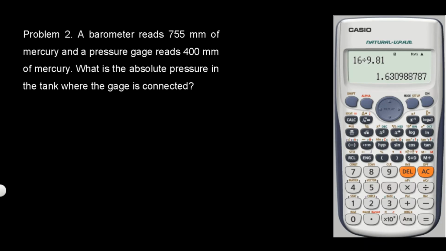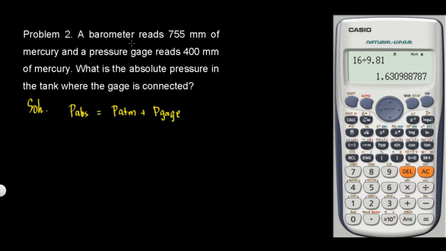Problem 2, a barometer reads 755 millimeter of mercury and a pressure gauge reads 400 millimeter of mercury. What is the absolute pressure in the tank where the gauge is connected? Solution, to solve for the absolute pressure, we have this formula: atmospheric pressure plus the gauge pressure is the absolute pressure.